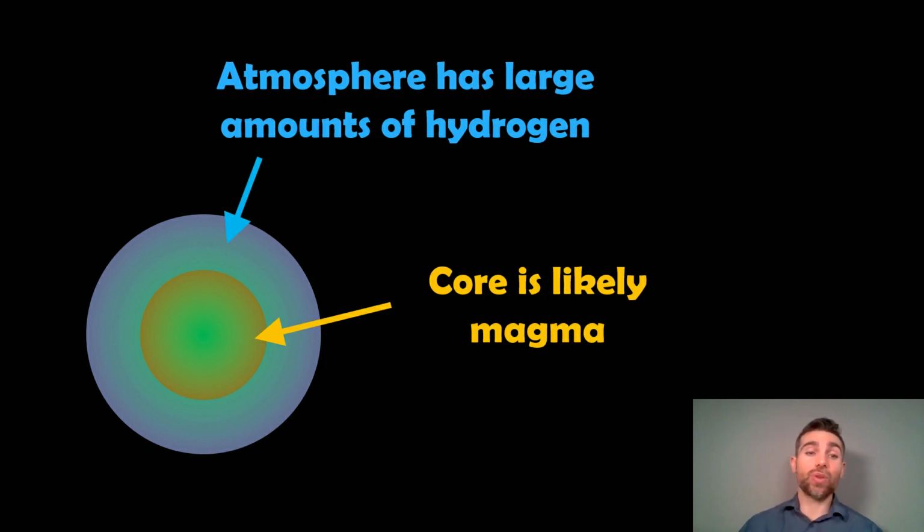And the core, whilst it's a rocky core, is likely going to be very hot because the formation process will heat up the core. If these are still quite young, it's likely going to be magma, basically liquid. So it's going to be like a magma ocean, surrounded by this hydrogen-rich atmosphere.